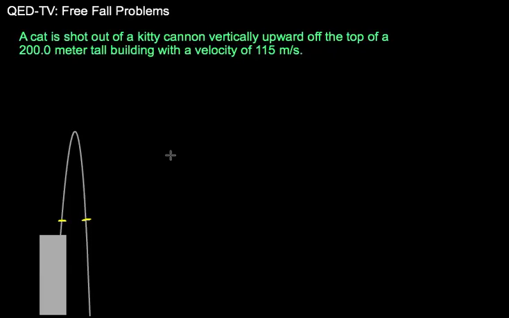There's a couple ways we could do this. I know my displacement, and remember up was positive, here was displacement 0, and down was negative. So we're talking a displacement of plus 40 meters both times, and I need to know the times that I go by these. Well, I need an equation that has distance and time in it, and of course that equation is d equals v_i t plus 1/2 a t squared.